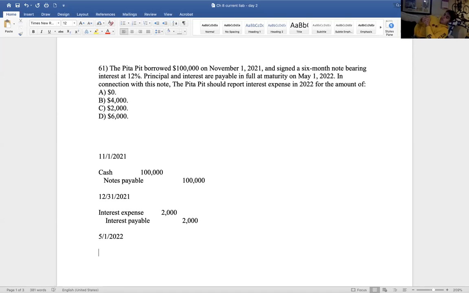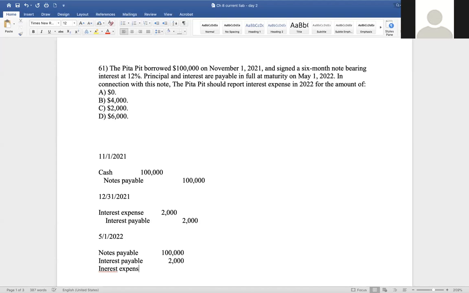You would debit notes payable for 100,000. I would debit interest payable for 2,000, perfect. And then debit interest expense for 4,000. Cool, and then credit cash for 106,000.